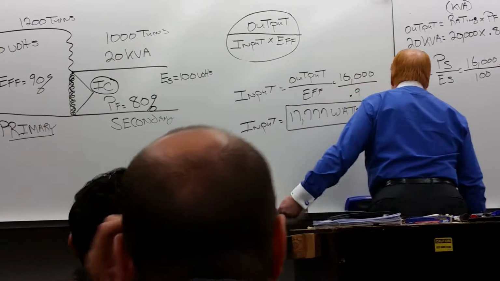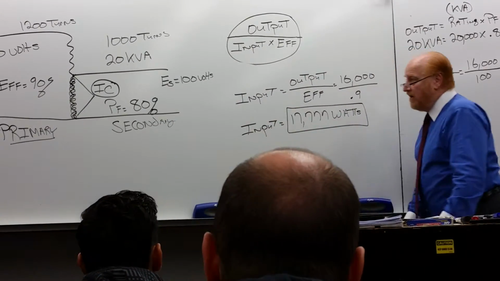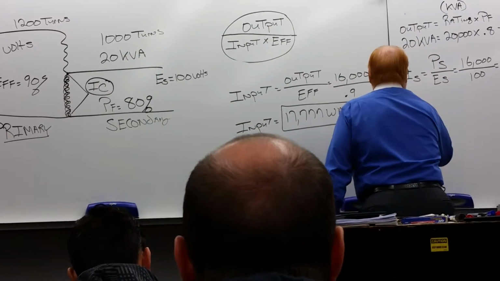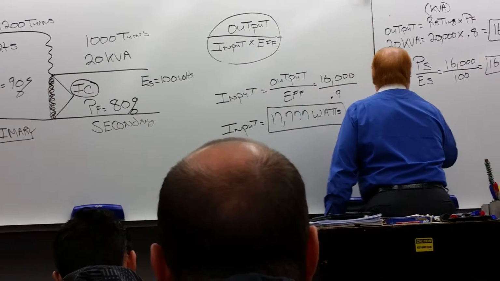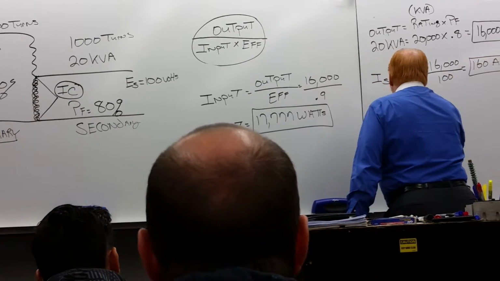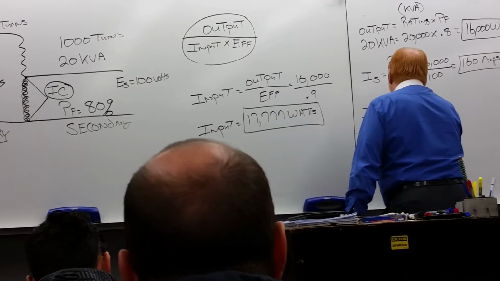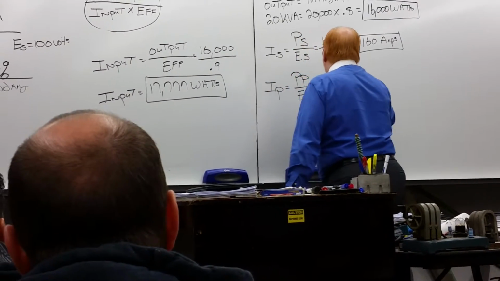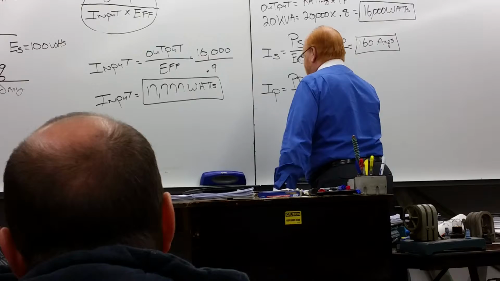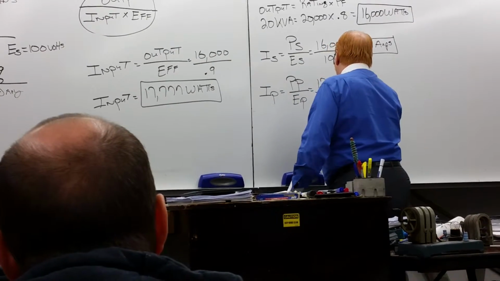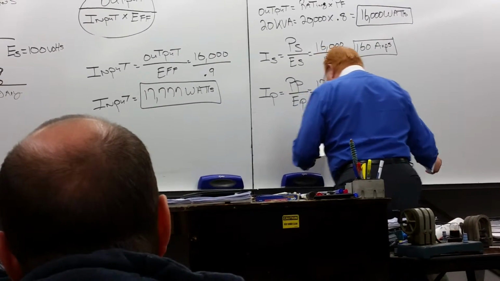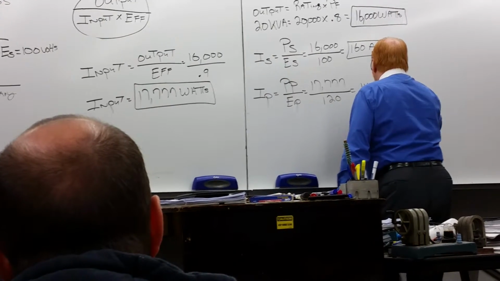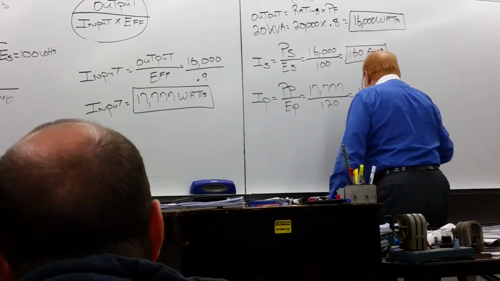Obviously, we have the power on the primary side. We have the voltage on the primary side. We can find the current on the primary side by saying power of the primary over the voltage of the primary, or 17,777 over 120 gives us approximately 148 amps.